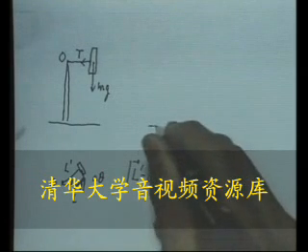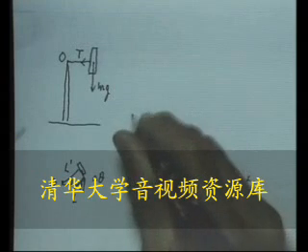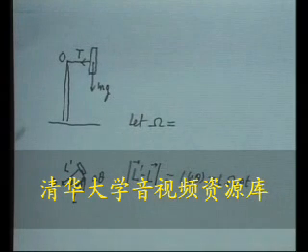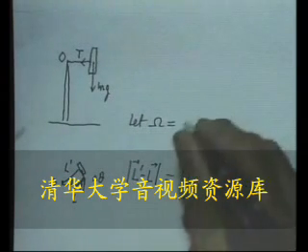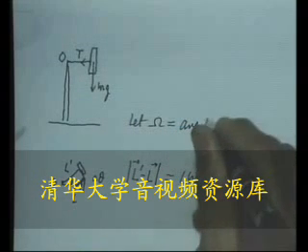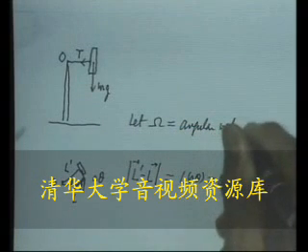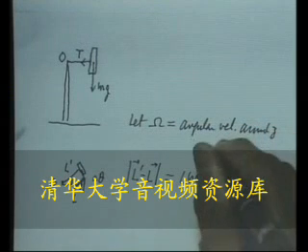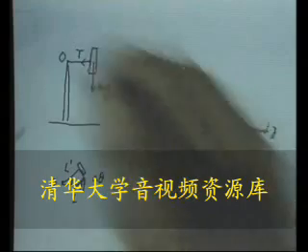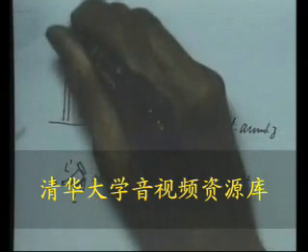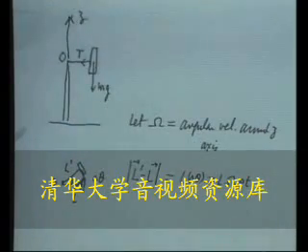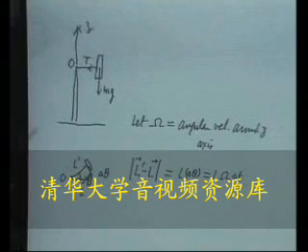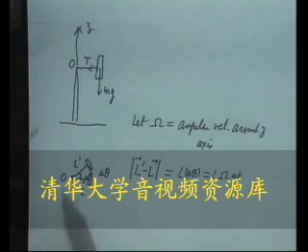Let omega be the angular velocity around the z-axis. We take this to be the z-axis. So in this diagram, the z-axis is upwards.